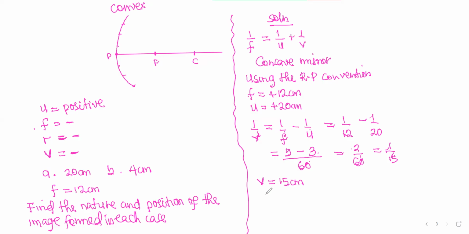Once V is positive, then it means the image is real. Sir, please, your final answer for the... yes, 1 over 30. Sorry, 1 over 30. So it will be 30 centimeter.